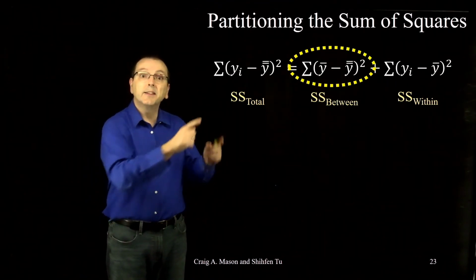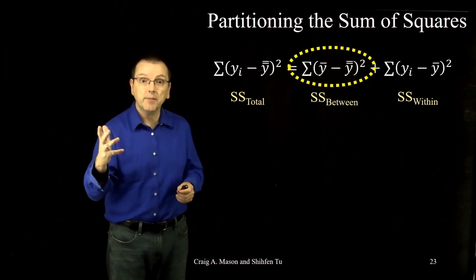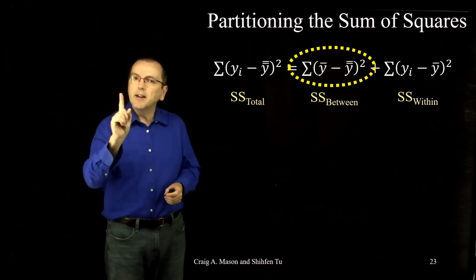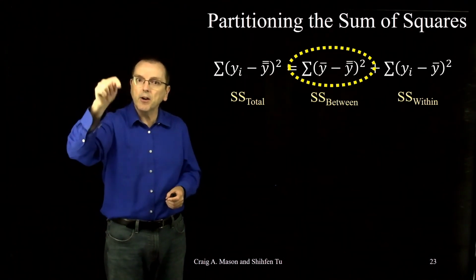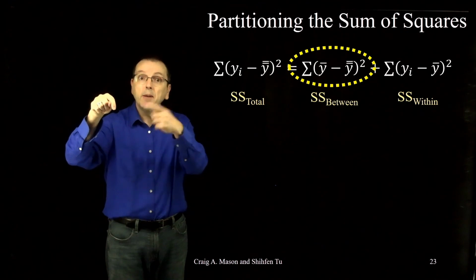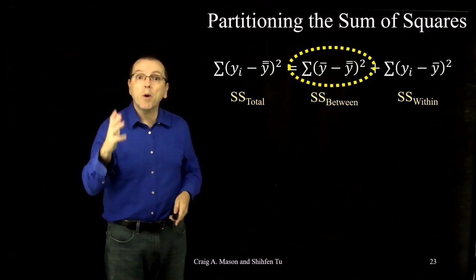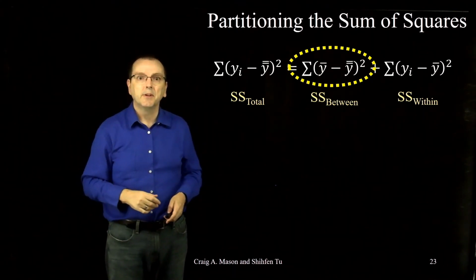If you want to calculate the sum of squares between groups, you look at each person, take the mean for their group, whichever group they're in, subtract the grand mean, square that value, and add up those squared values for everybody in all of the different groups.